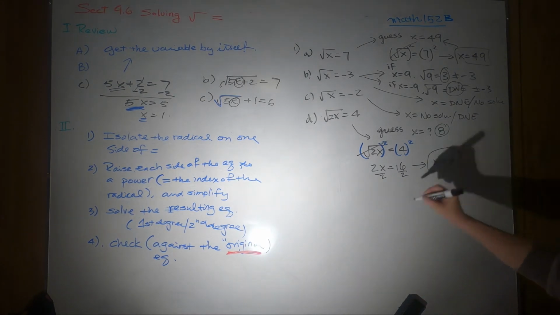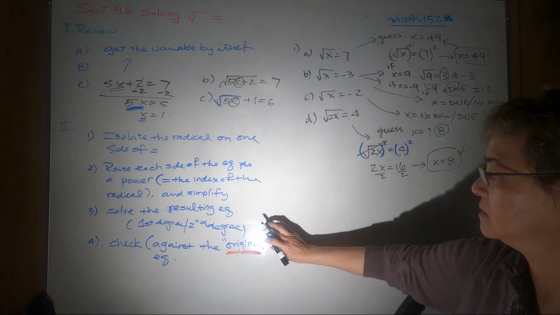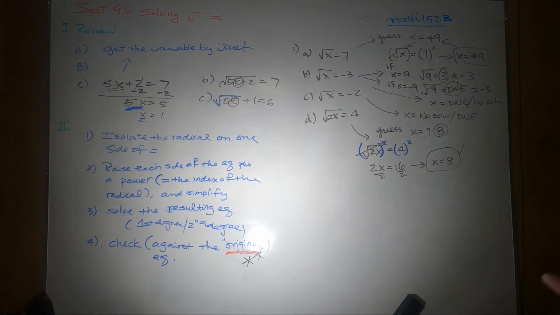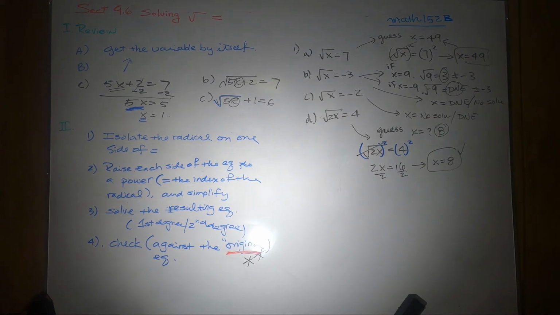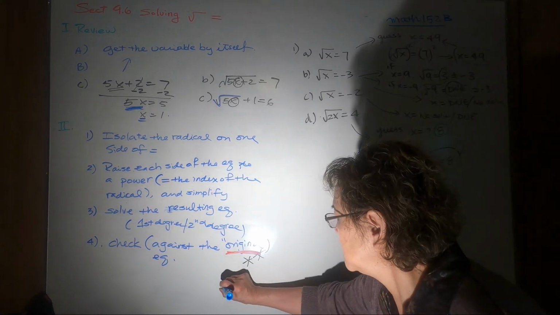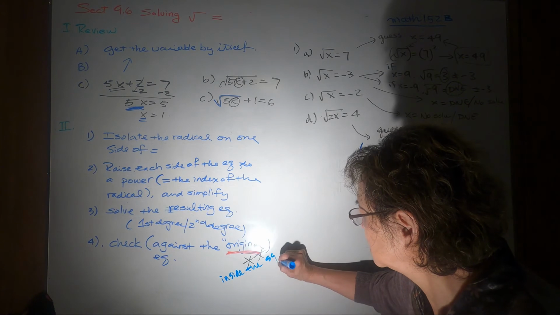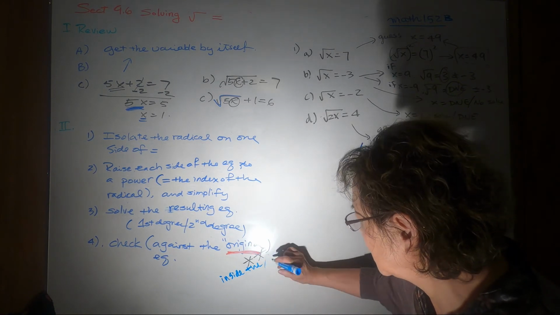So make sure you always check. Okay, always check. Two things definitely you always need to check. One is what? Fractions, because the denominator cannot be 0. And for radicals, because what? Inside the square, even root, right?